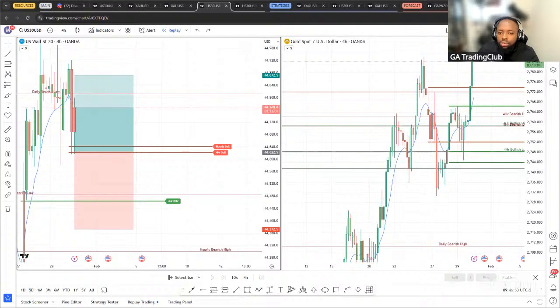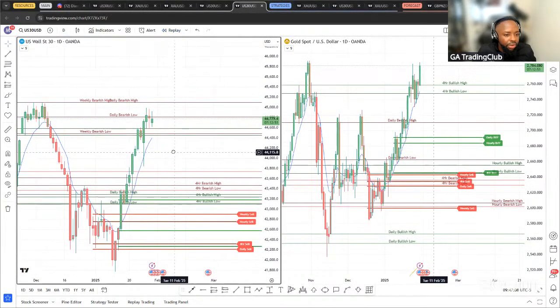Give me 1 second, I want to see something on this other chart. Okay, I'll move over to the other chart. There's a possible buy on gold that's loading. But anyway, on the 4 hour, nothing. On the daily time frame, there's no entry for US 30 and for gold.